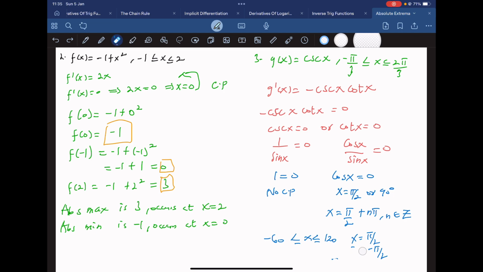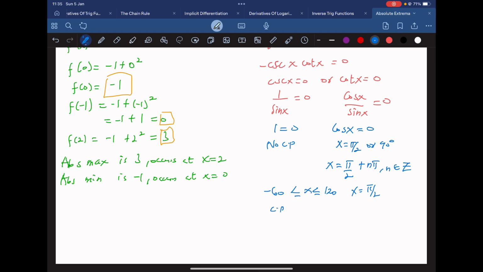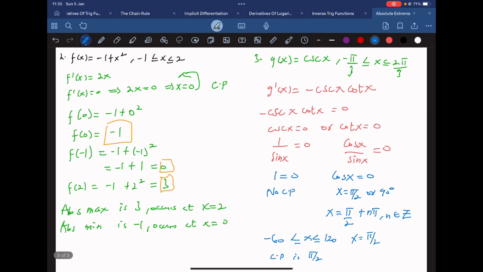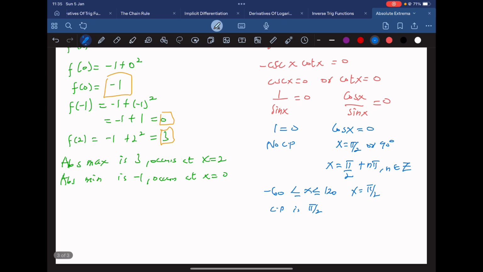So all that we can say is the only x value that satisfies this condition is pi over 2. So our critical point is pi over 2. So now we have to evaluate our g of x at the critical point and the endpoint. So we have to find g of pi over 2.